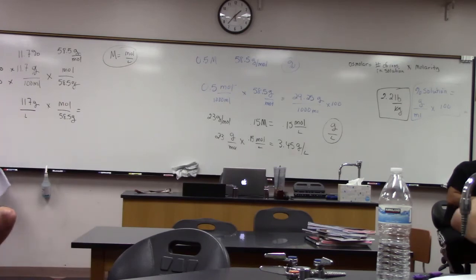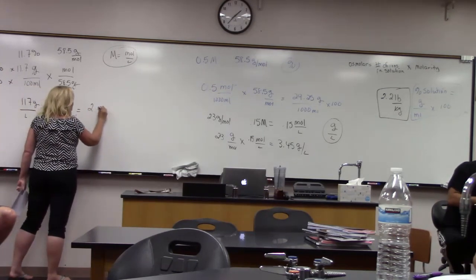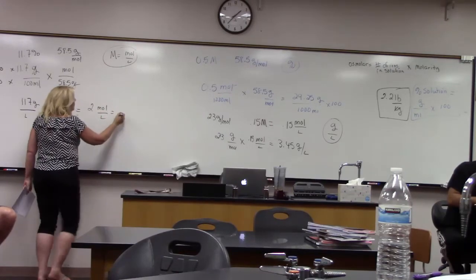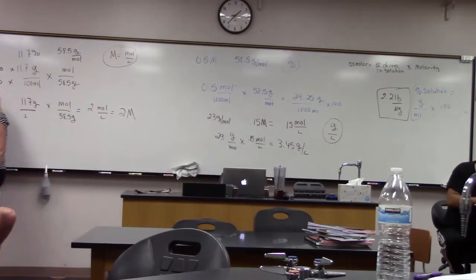What's 117 divided by 58.5? 2. This is 2 moles per liter, which is the same thing as a 2 molar solution, where molarity is 2.